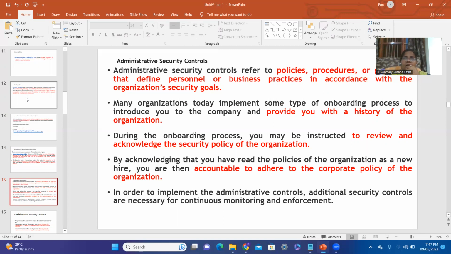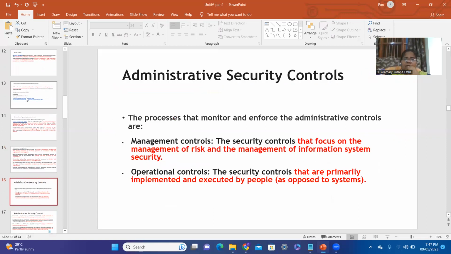Institution policies will be different from corporate policies. Then management controls manage the risk and the management of information system security. You can also have operational controls, which are primarily implemented and executed by people.